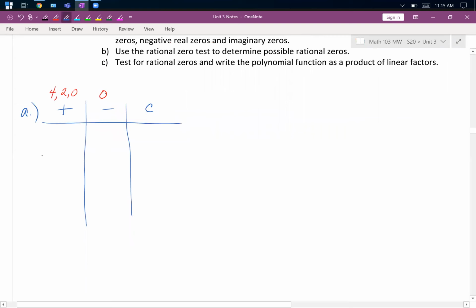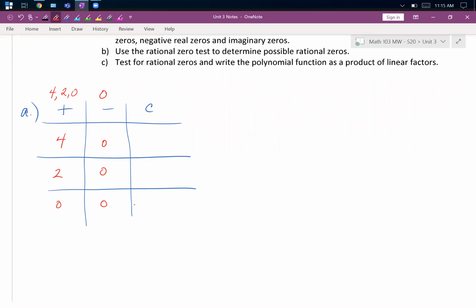To fill in the first 2 columns of our chart, we're going to do every possible combination of those options up top. So we'll do 4 with 0, 2 with 0, and then 0 with 0. Next, we fill in our complex column, remembering that each one of our rows has to add across to be the leading power or greatest power of 4, the degree of our polynomial.